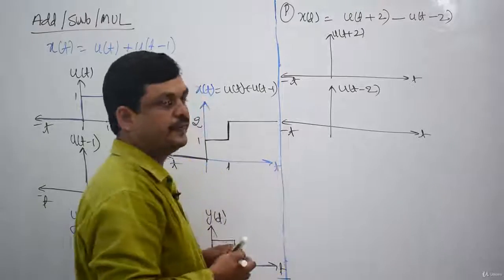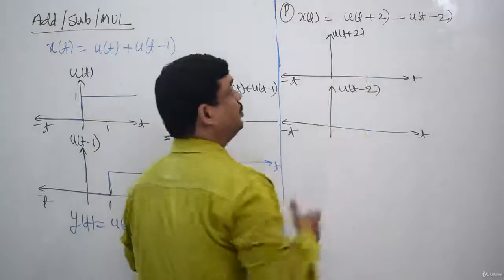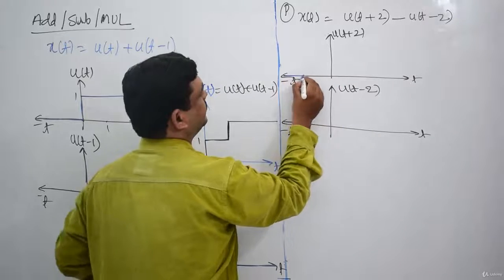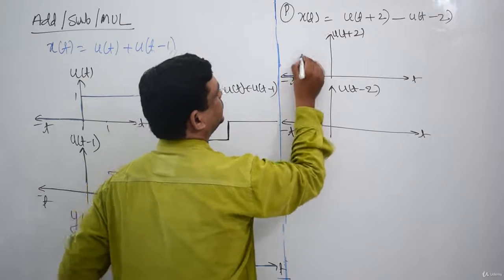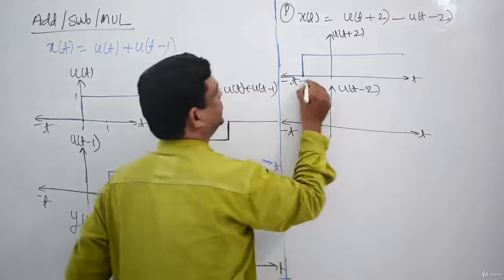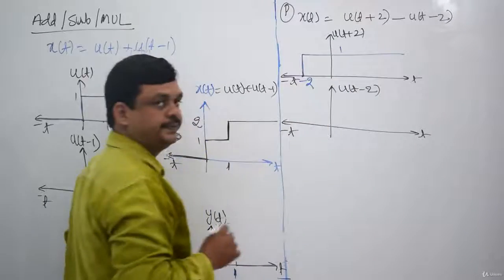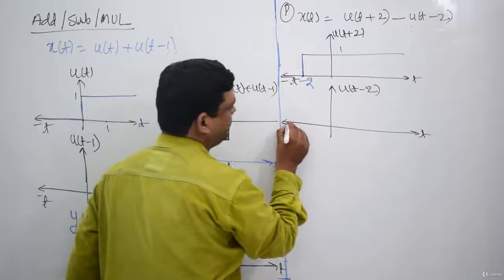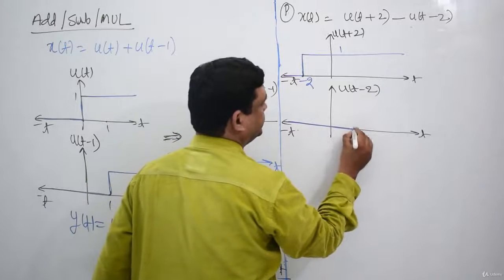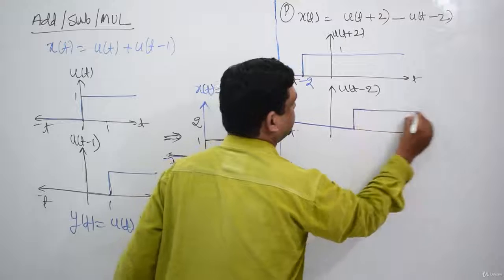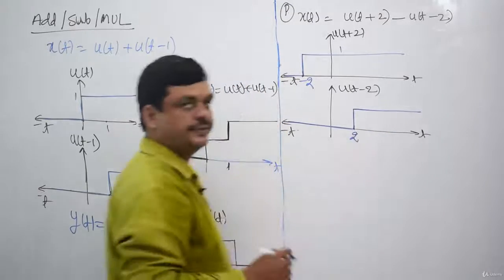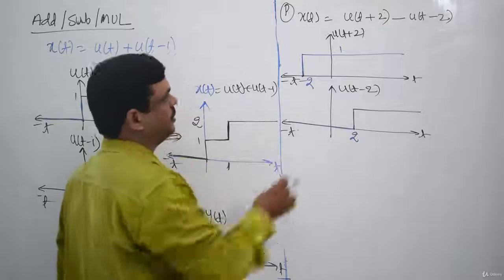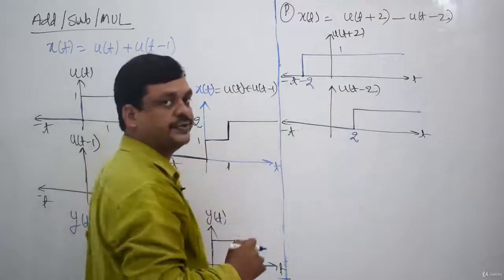The u of t plus 2 unit step function starts from minus 2 onwards, and this amplitude is 1. And the u of t minus 2 function is defined from 2 onwards. So these are right shifting and left shifting operations: u of t plus 2, u of t minus 2.